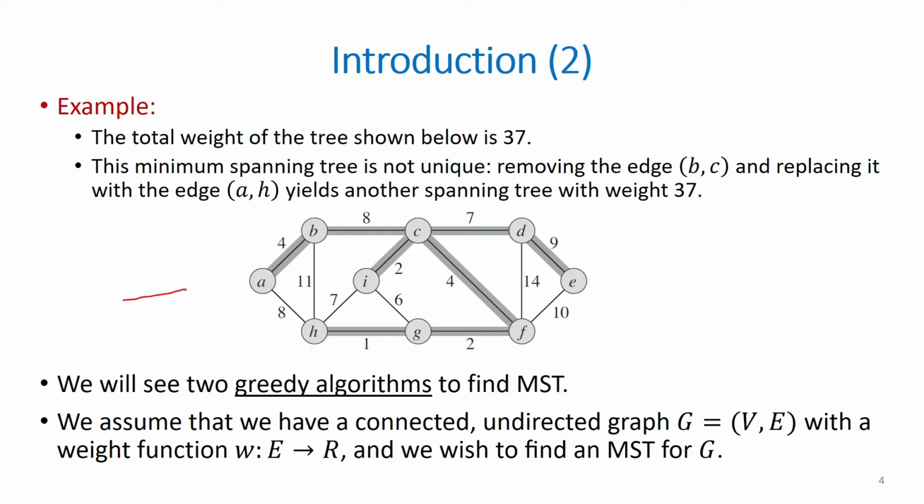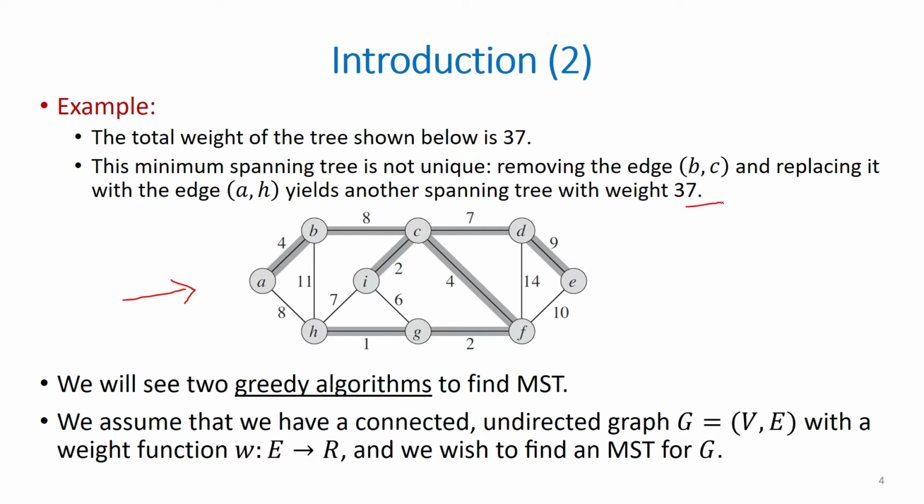Over here, we see an example of a minimum spanning tree, or MST for short. As shown in this figure, the edges carry some weights, and the shaded edges form an MST for this graph. Adding up the weights on the shaded edges gives us a total weight of 37.